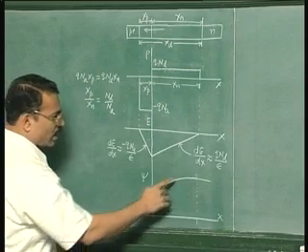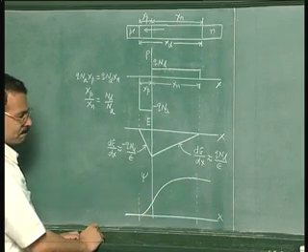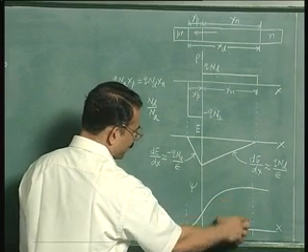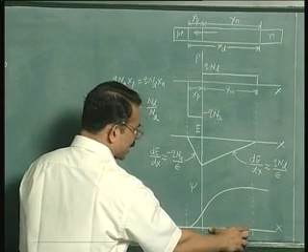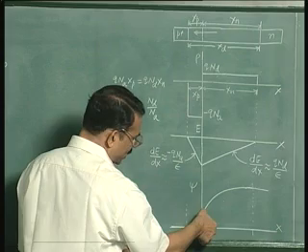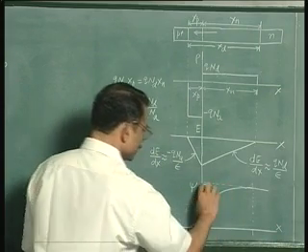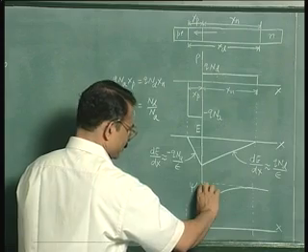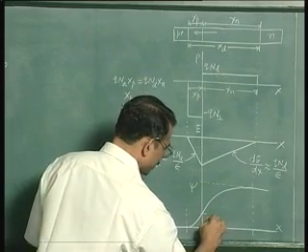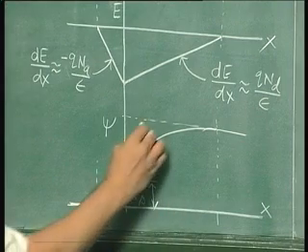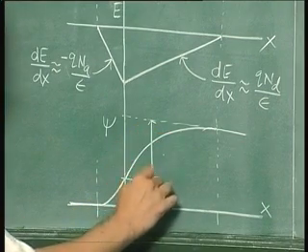Now this is the so-called built-in potential variation. Notice that most of the potential drop occurs on the lightly doped side or the n side. So this is a potential drop on the p side and this is a potential drop on the n side. So this is psi p and that is psi n.